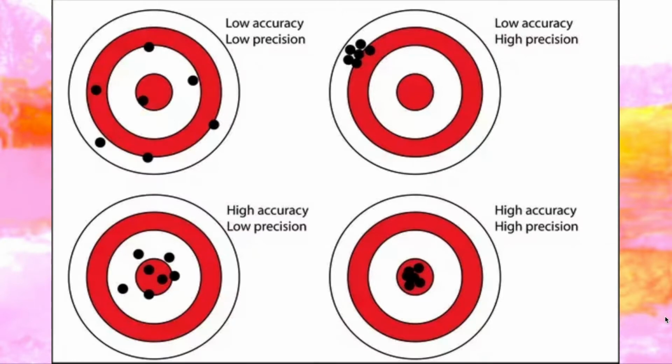You'll probably have seen variations on this graphic here as well, and in this case, it's the target analogy about what researchers need. If your data is all over the place, it's not very accurate, it's not very precise. If it's away from your target, it can still be very precise, but not accurate.